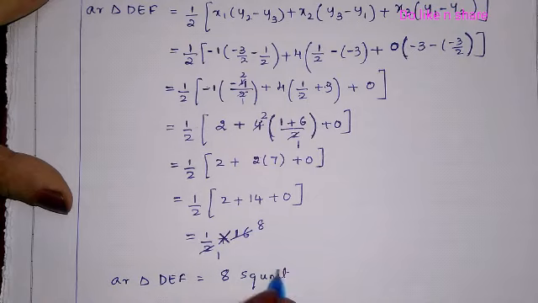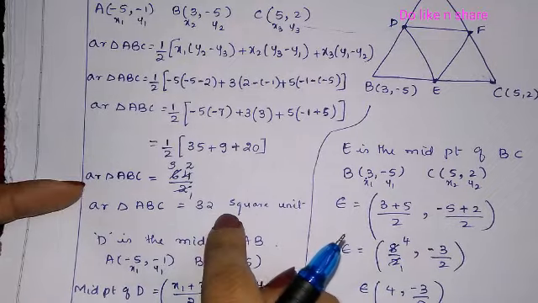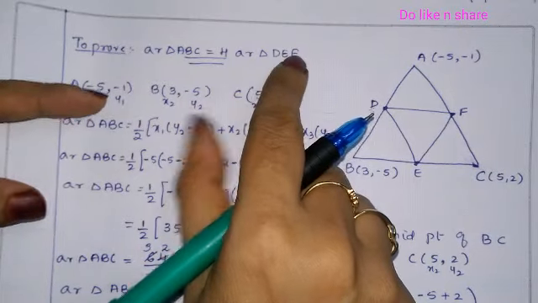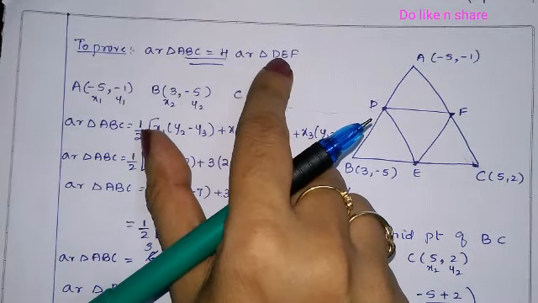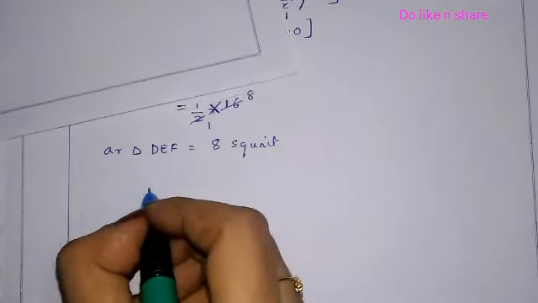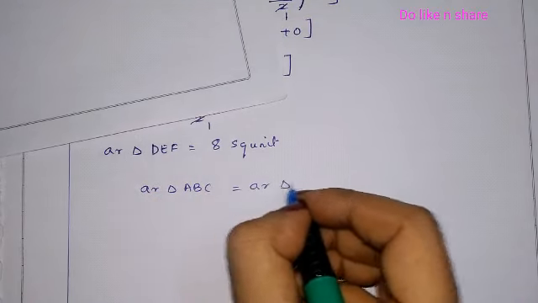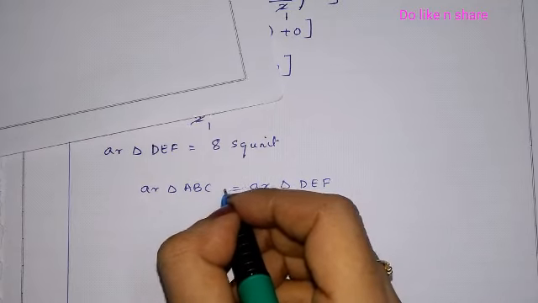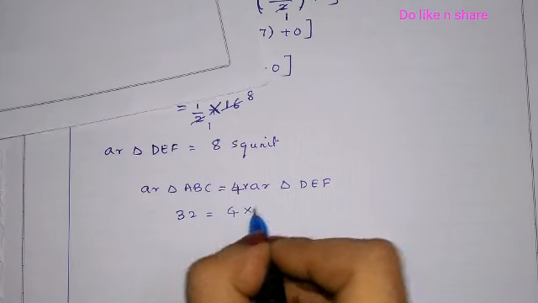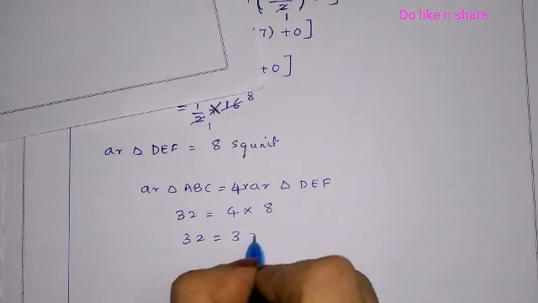8 square units. Here, area of triangle ABC, what did we get? 32 square units. So area of triangle ABC is 4 times the area of triangle DEF. If you want, we can write and see here: area of triangle ABC is equal to 4 times area of triangle DEF, as they have told. 32 is equal to 4 into area of triangle DEF, which is 8. 32 is equal to 4 times 8, which is 32.